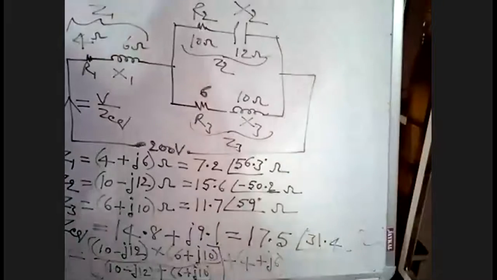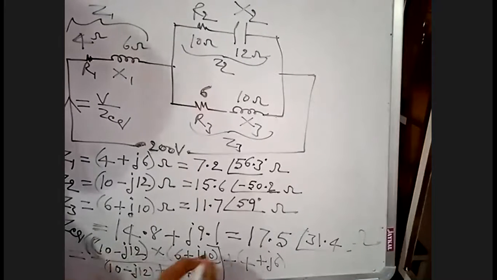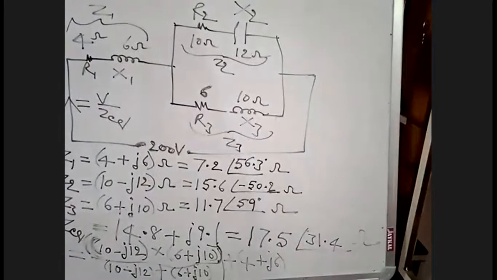This entire thing should be in one bracket, and these two are kept in another bracket. Divide by 16 minus J2. Denominator 16 minus J2. Divide this directly and you'll get some value.